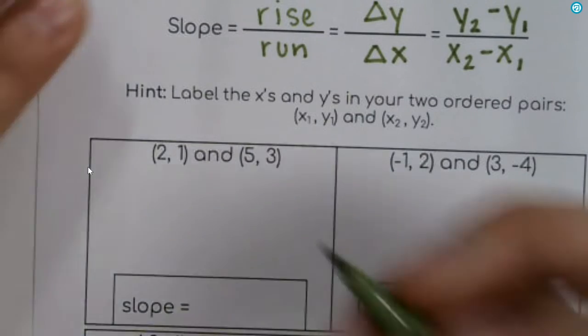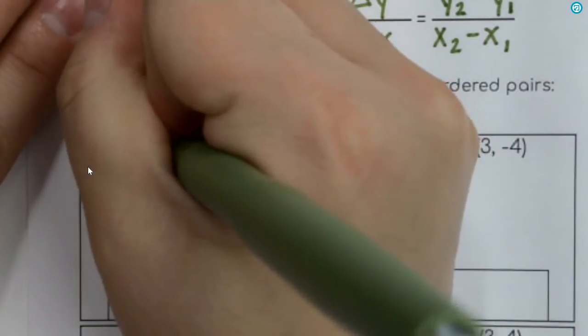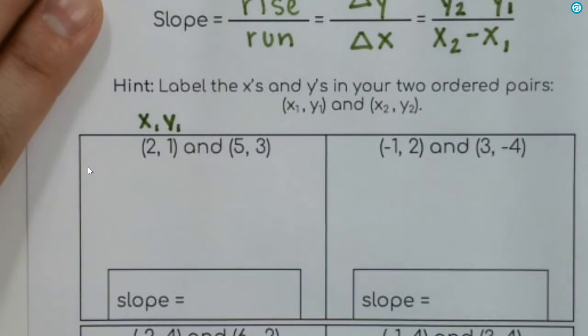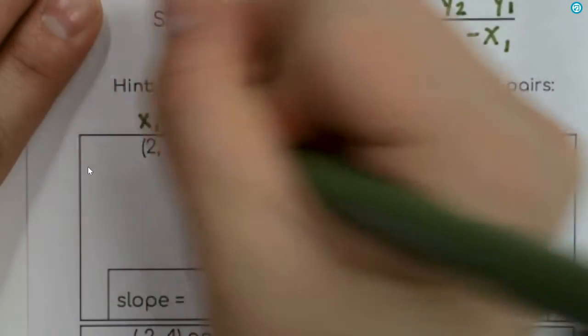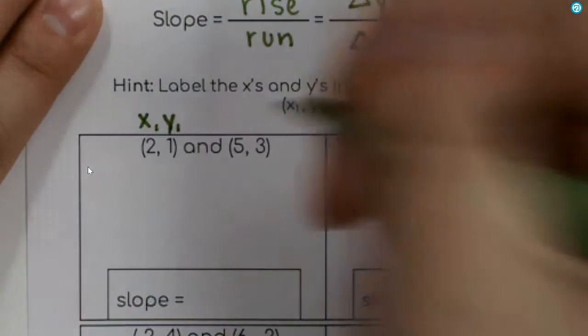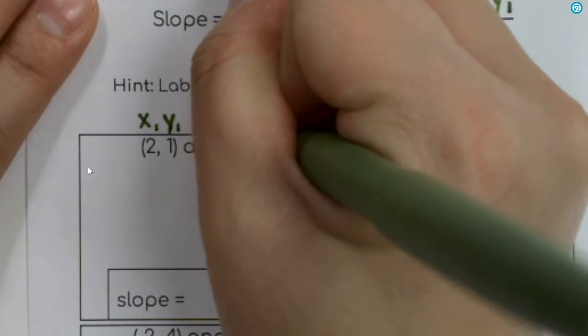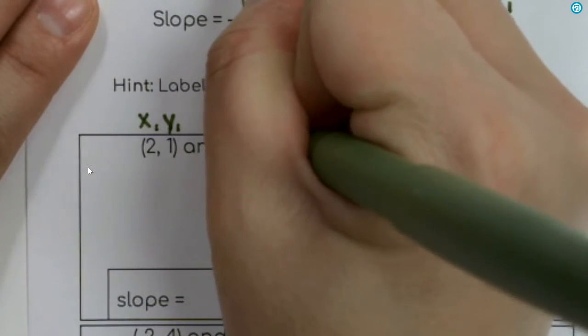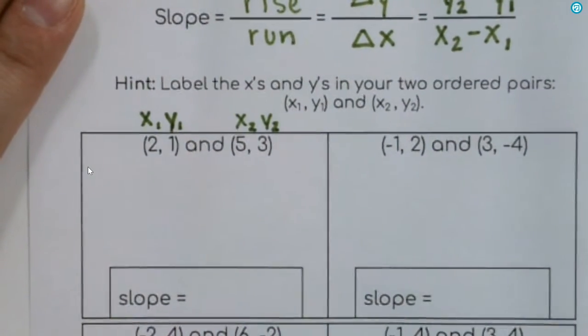On the first 2, we're going to start by labeling our points. Our first one, we're going to label it x and y. I'm going to just do it right above, and then I'm going to put 1s with that. So that's x1 and y1. Then my second ordered pair, I'm going to label it x and y again, but these are from the second ordered pair. So that's x2 and y2.